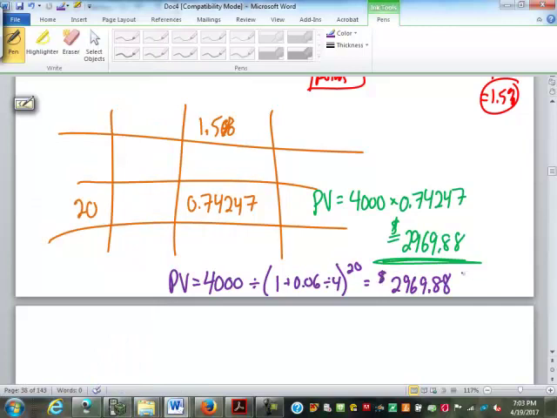So I'm not making a real strong argument that the table is not as accurate as the formula here. I could come up with examples that would work, but they'd seem really contrived. If I were to get up to like 6 or 7% and up to about 30 periods, there would be a big difference.